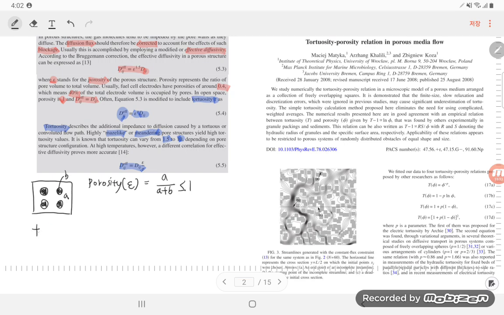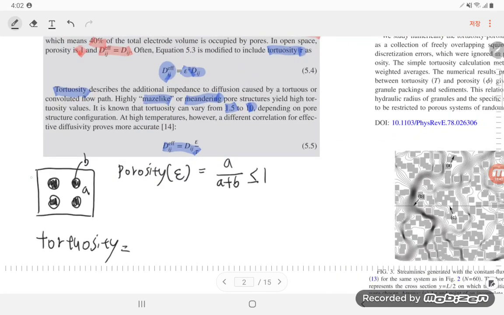And what is the tortuosity? Okay, if there is open space, then the gas particle can pass directly from the left to the right. But if there is a structure in here, they should turn around, like this, and pass.